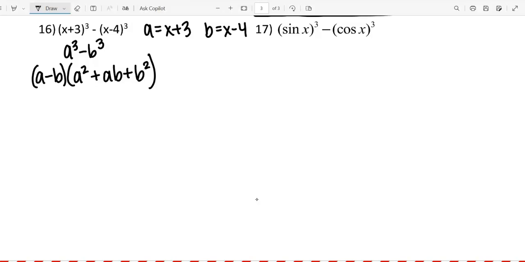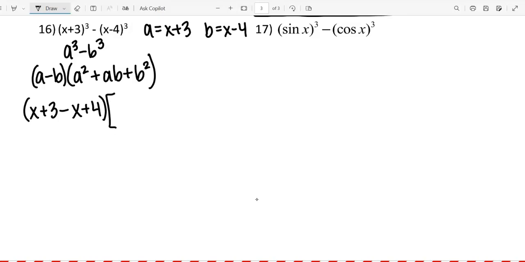Once you factor it, so we're done factoring this, you can plug a and b back in. With this, you don't need to have parentheses around x plus 3 and x minus 4 until we get to the trinomial. Then you'll need them. But the binomial in the front, we don't need them. So a is x plus 3 minus, you're subtracting all of b. So you're subtracting an x, and you're subtracting a negative 4. What's subtracting a negative 4 going to look like? Plus 4.